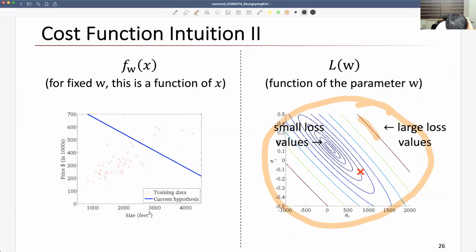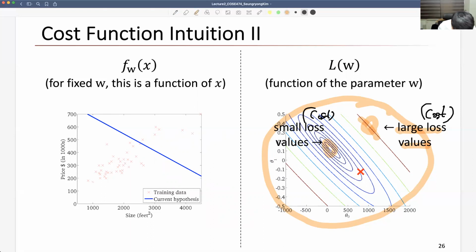This color means the amount of the cost value. The red values mean a large loss value or large cost value, and this blue color represents a small loss value or small cost value. Okay. So by using this contour plot, we can do similar things to the previous one.